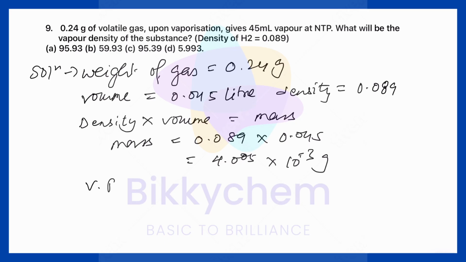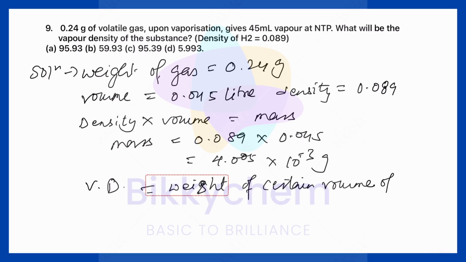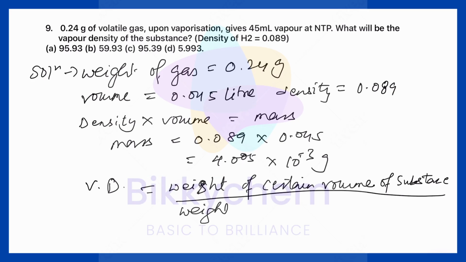Now vapor density is equals to weight of certain volume of substance divided by weight of same volume of hydrogen.